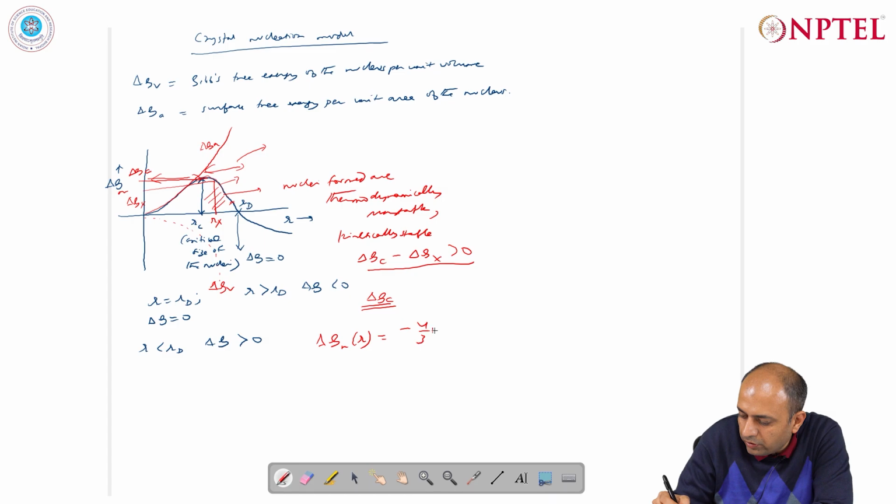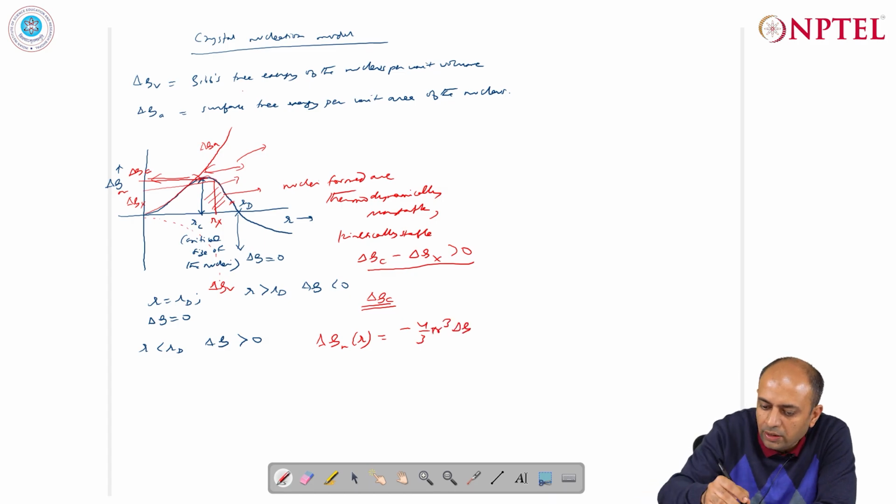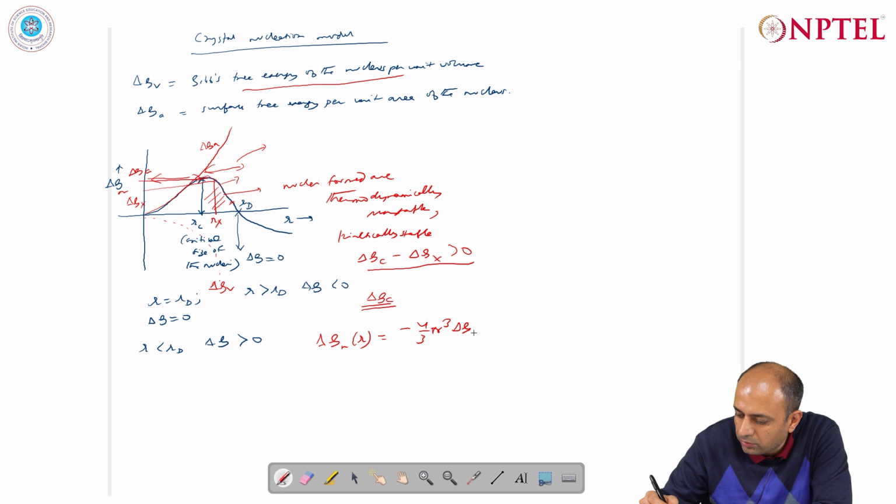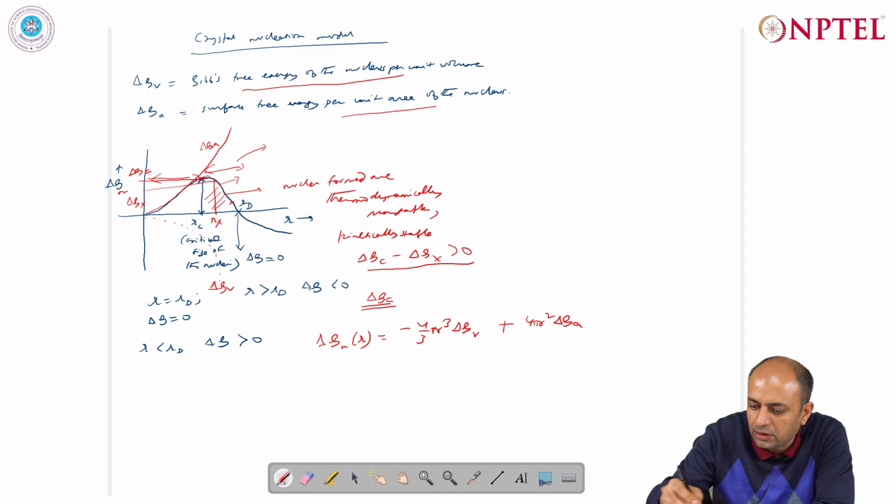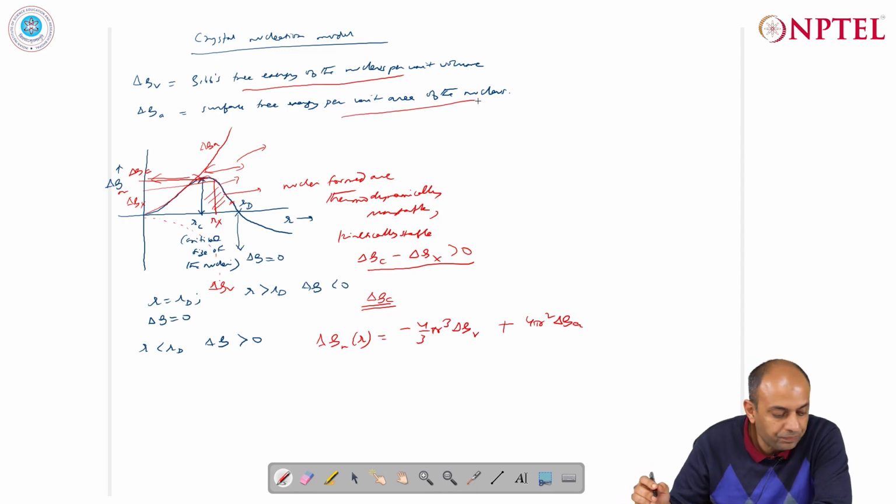We have the volume term, that is the Gibbs free energy of the nucleus per unit volume. So this is delta Gv, and this is negative because it is associated with decreasing delta G, and the positive term is the 4 pi r square delta Ga, which is the surface free energy per unit area of the nucleus.